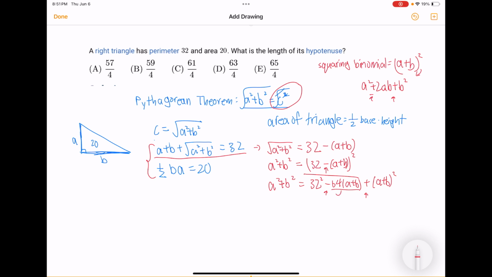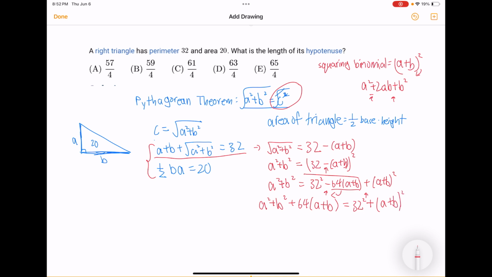So we're going to move this over, and that would give us a squared plus b squared plus 64 times the quantity of a plus b is equal to 32 squared plus the quantity of a plus b squared.